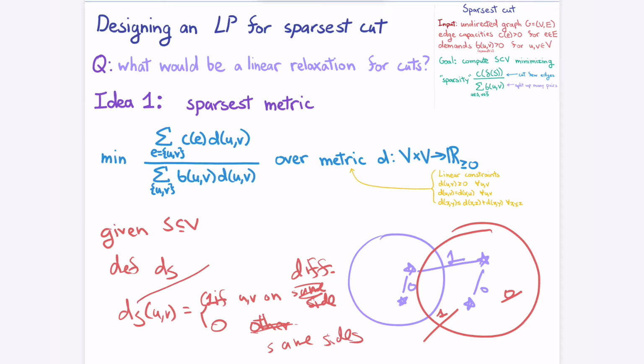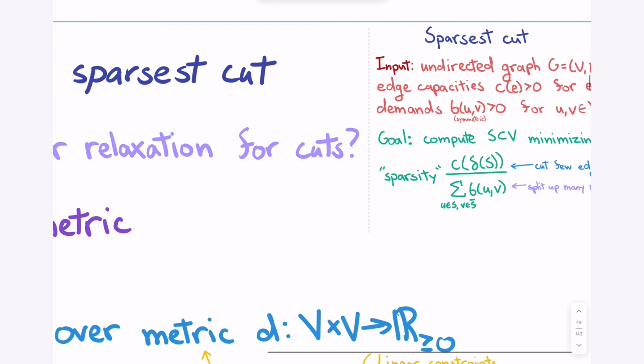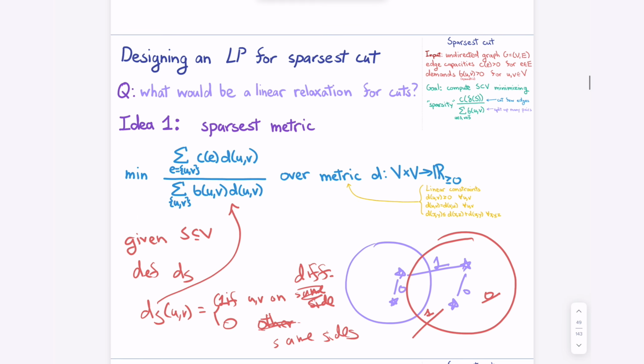And if I took that d and plugged it into this ratio, you'll get the exact same score as up here, because it'll be exactly the edges that are cut that get a 1.